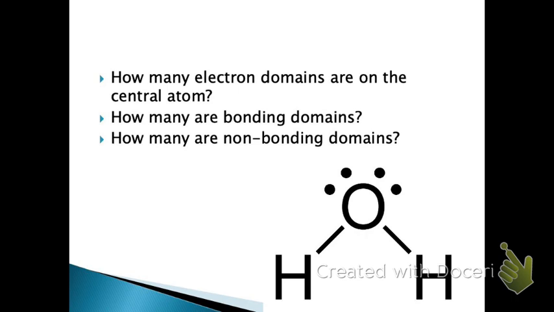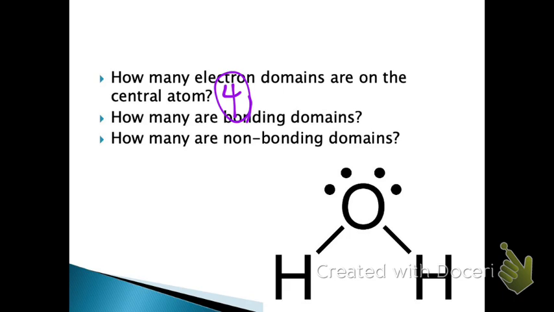This column says how many total electron domains your central atom has. In this example, how many total electron domains does this oxygen have? It has four total domains. So you look at the row for four total domains. These are the possibilities for my shape, just the ones in that row. Then I come up here and look at the top: does the central atom have no lone pairs?